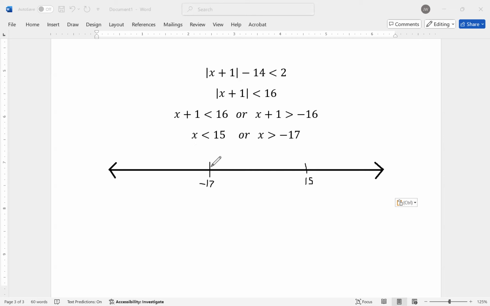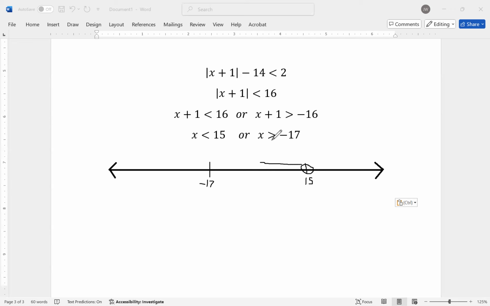Now, the way these interact is that it says x needs to be less than 15, but not equal to 15. So the way I would write can't be equal to is I write an open circle around the 15, and I start shading towards the left because x can be smaller than that number.